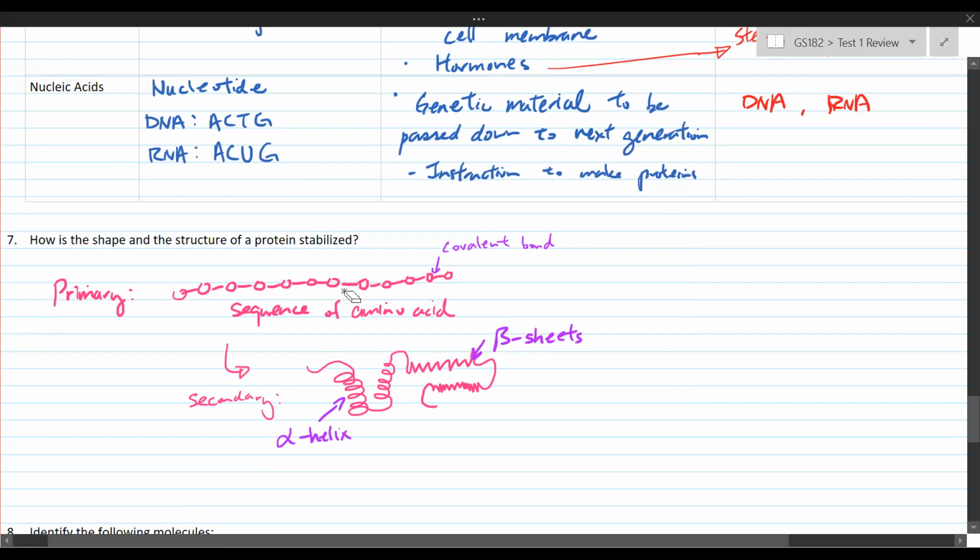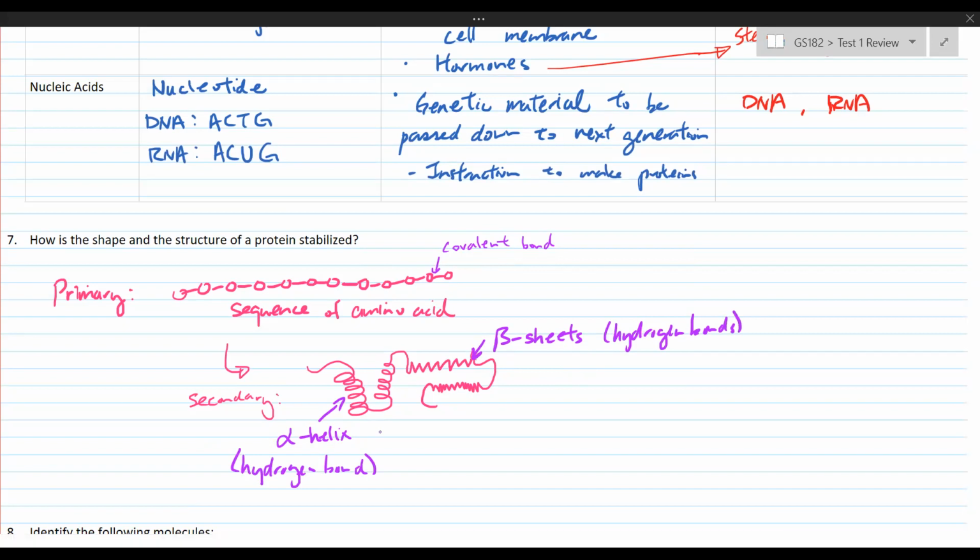The primary structure is connected together through covalent bonds. These are stabilized by hydrogen bonds. We already talked about other examples of hydrogen bonds: hydrogen bonds that exist between water molecules, hydrogen bonds that hold the ACTGs together in DNA.